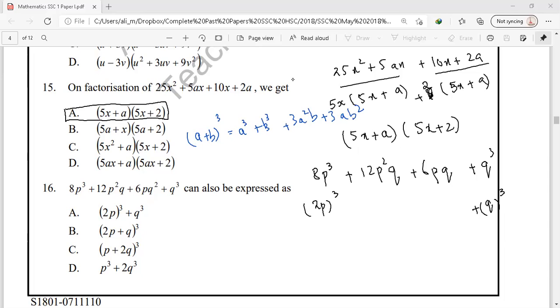So इसी फॉर्मूले के अकॉर्डिंग मैं यहाँ इसको चेक करता हूँ, लाइक प्लस 3a square b plus 3ab square. And the value of a, we know that a is 2p and b is q. And similarly यहाँ पर भी वैल्यूज को पुट कर देते हैं. सो a की जगह हमारे पास आ जाएगा 2p और यहाँ हमारे पास आ जाएगा q.